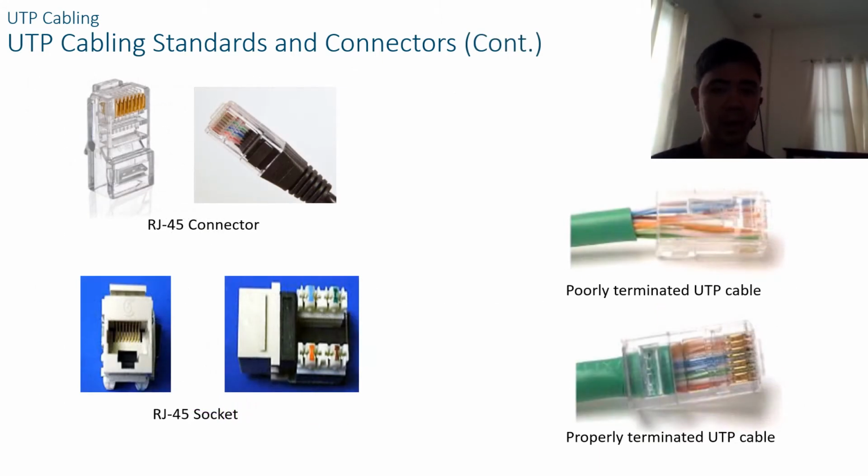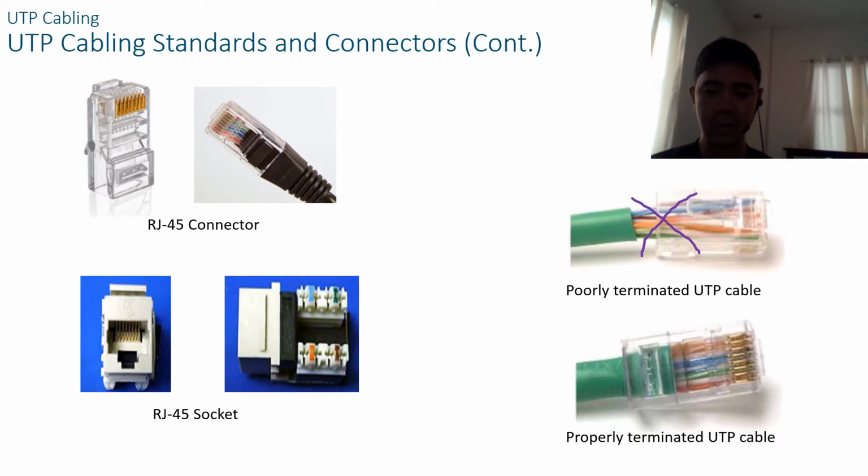When we work on the termination of twisted pair, when we do the straight through and crossover, we will observe the proper ways of terminating the twisted pair cable to the RJ45. This is not good; those wires should not be exposed.